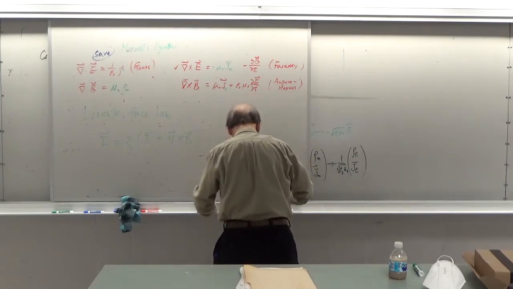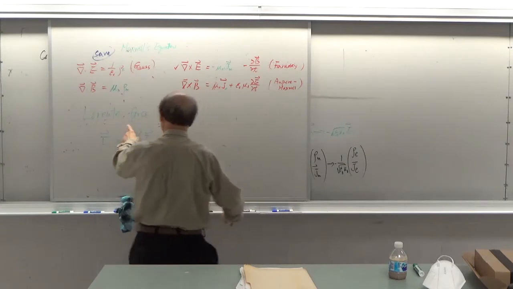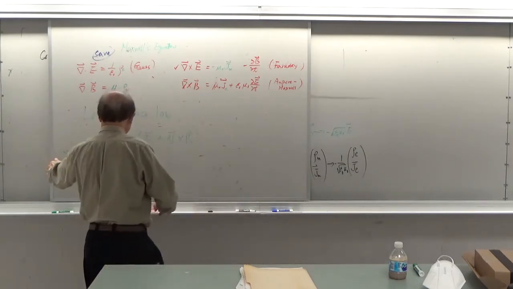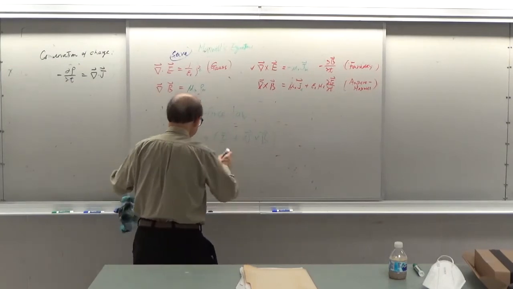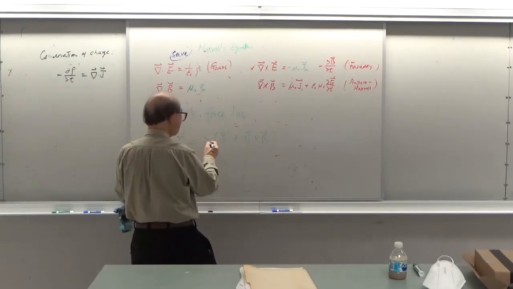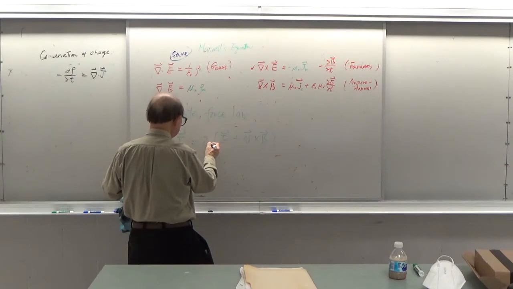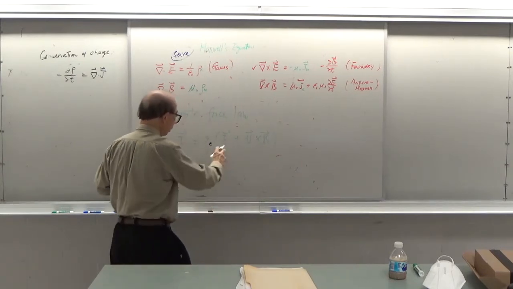Before I do that, since I've written down the Lorentz force law here already, this Lorentz force law should be generalized to the following, namely the force acting on a particle with electric charge Q sub E is multiplied by this.